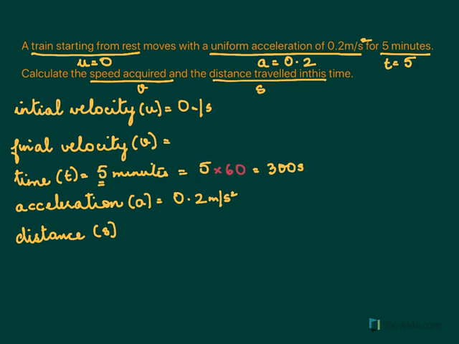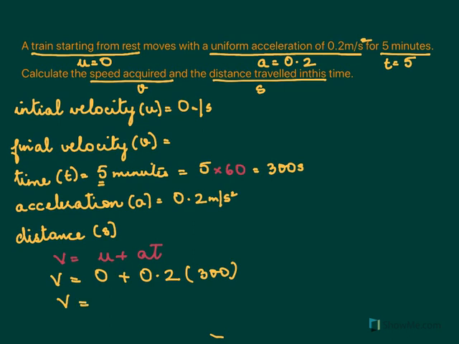Now I use the equation v equal to u plus at, and put my values. The v we need to calculate, u is 0, a is given as 0.2 and the time is 300.